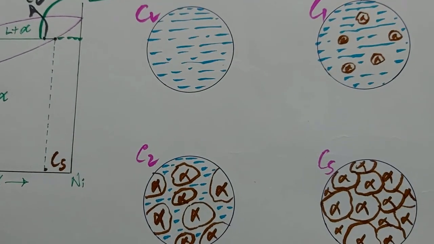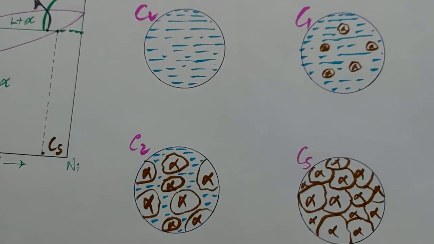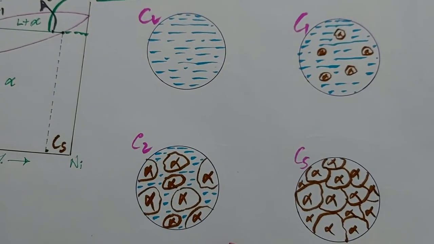So here we can see the different microstructure at constant temperature.